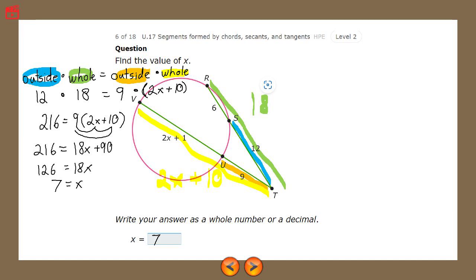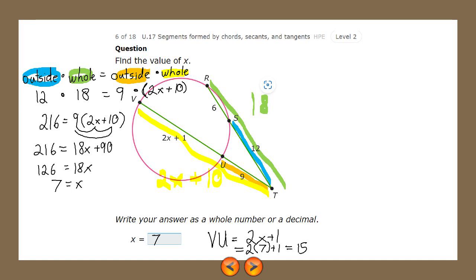They might try and trick you. I might try and trick you and ask you what's the length of V to U though. Watch out for that. V to U is 2x plus 1. But since you know what x is, you can just plug it in. You can say it's 2 times 7 plus 1, or 15.